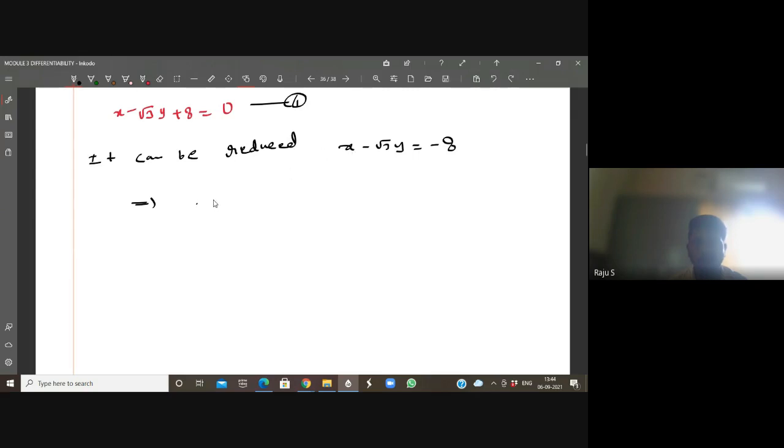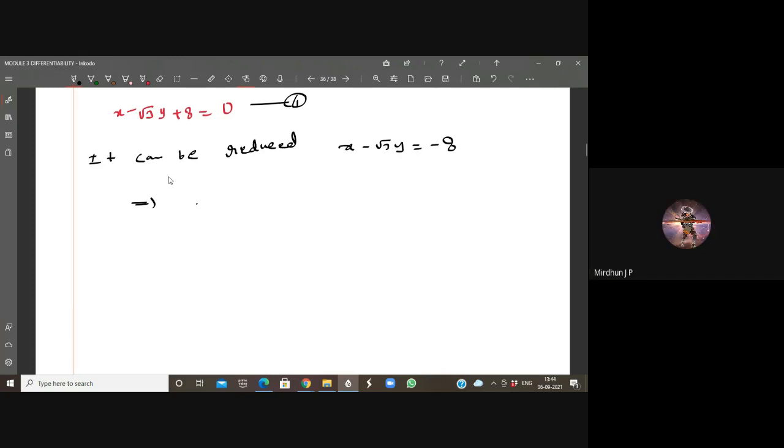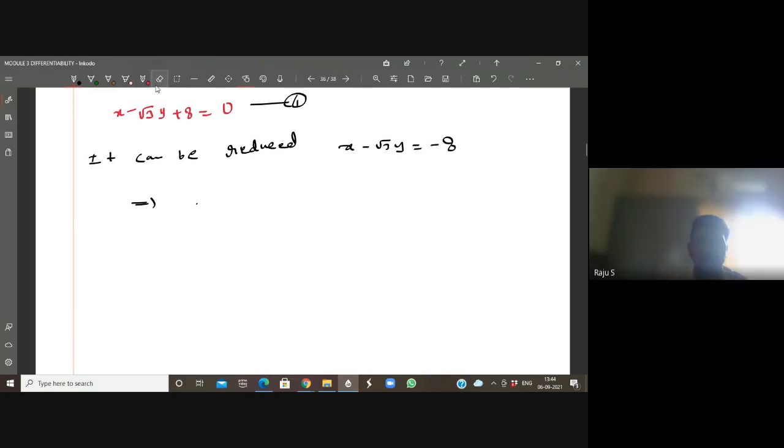We can multiply with minus. Right side must be plus only, so I multiplied with minus: minus x minus root 3y is equal to plus 8.